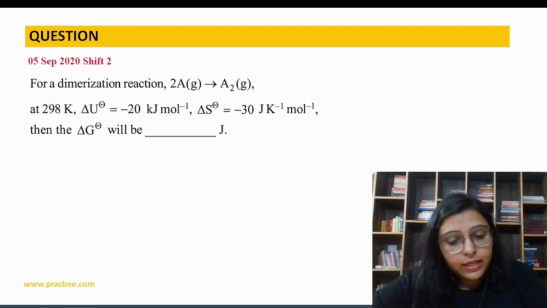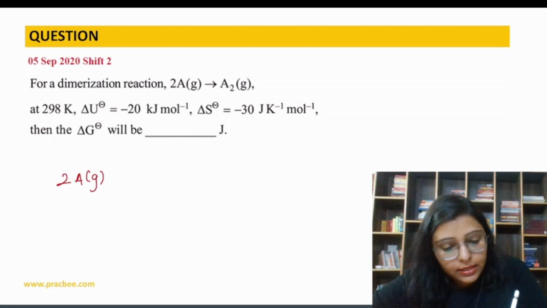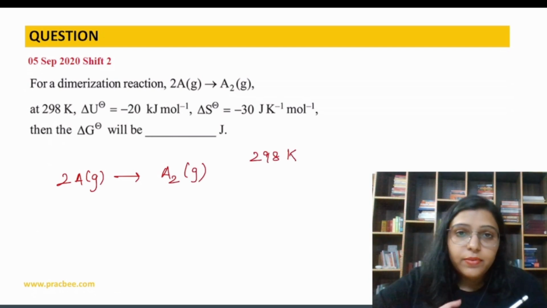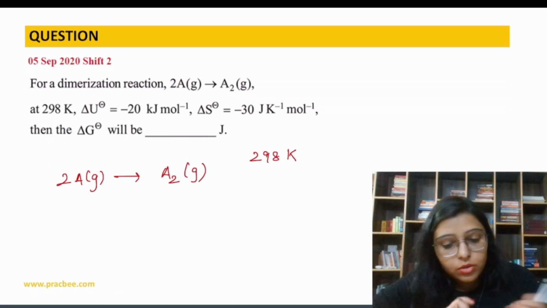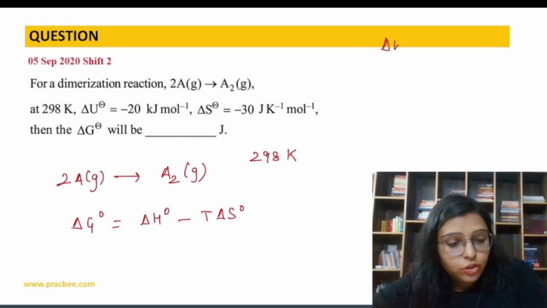For the dimerization reaction, 2A gas gives A2 gas at 298 Kelvin. Delta U naught is given and delta H naught is given, and we have to find out delta G naught. So how to find out? We know that delta G naught is equal to delta H naught minus T delta S naught, and delta H naught is equal to delta U naught plus delta Ng RT.